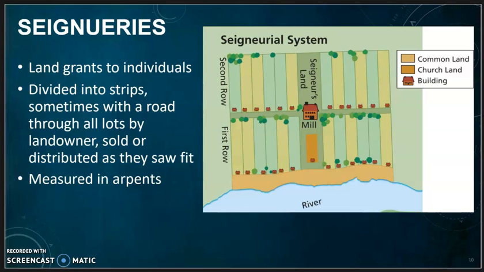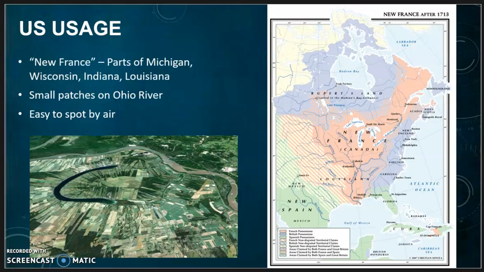Settlers primarily used these seigneuries in New France as well as parts of the early colonies and territories of the United States. When I talk about New France, this is parts of Michigan, Wisconsin, Indiana, and Louisiana. Small patches of the Ohio River use this system, and again, these are also easy to spot by air because they are following the river, as you can see here in those ribbons.